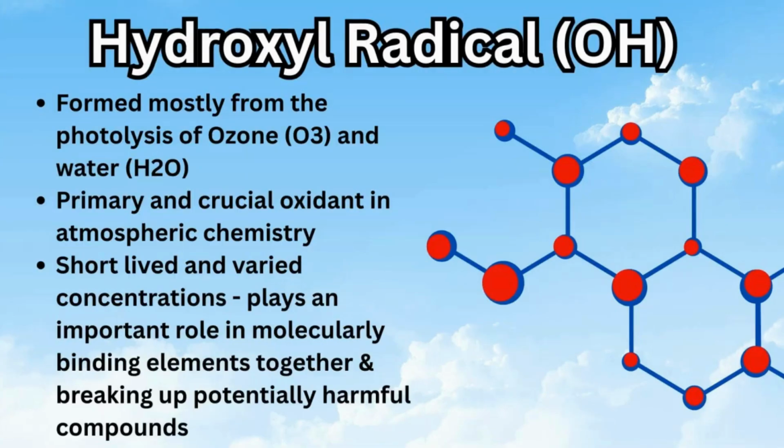One important free radical to discuss is the hydroxyl radical, or OH. So it contains a single oxygen atom and a single hydrogen atom. Now this comes from the breakdown or photodissociation or photolysis of both ozone, which is O3, and water, which is H2O.